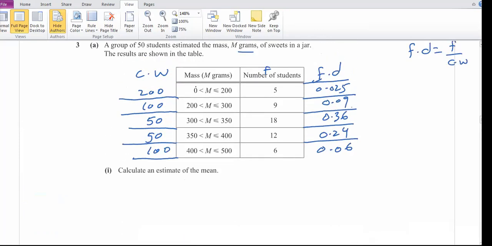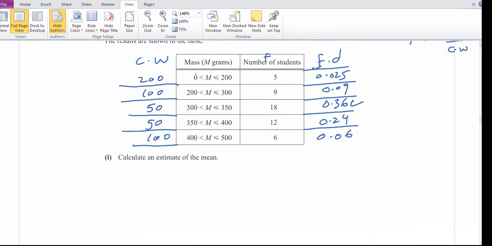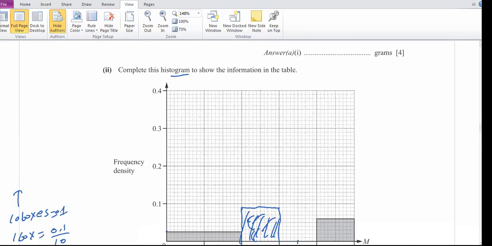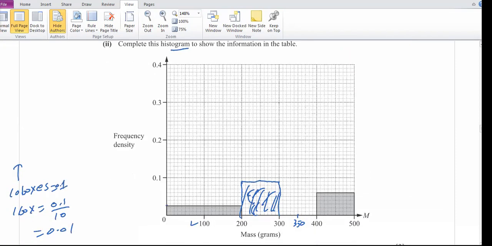Frequency density is 0.36. Where is 0.36? This is 0.3. Yes. 0.31, 0.32, 33, 34, 35, 36. So this will be 0.36. So make the height till 0.36. Okay. And the width of the bar will remain till 350. This is 0.36.